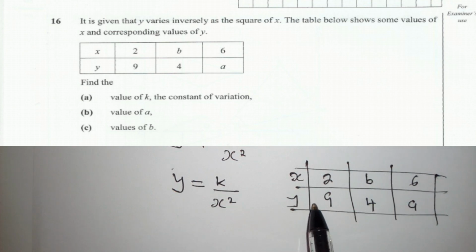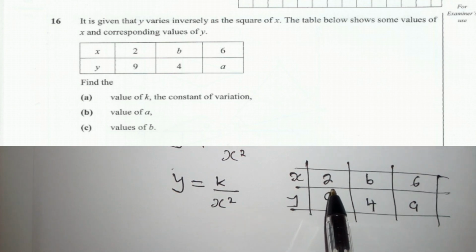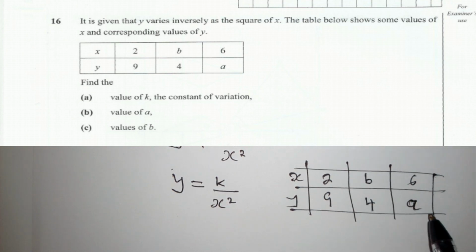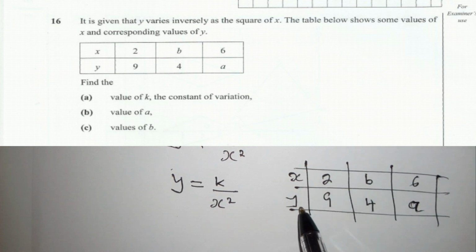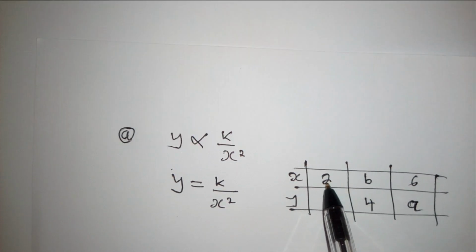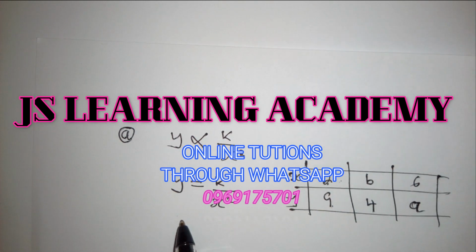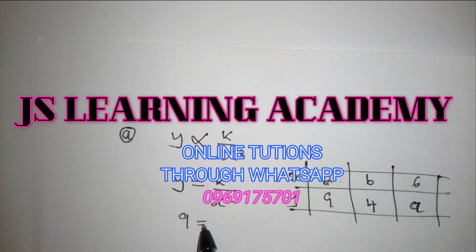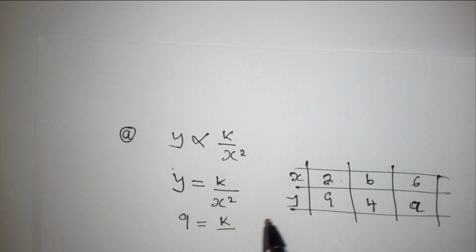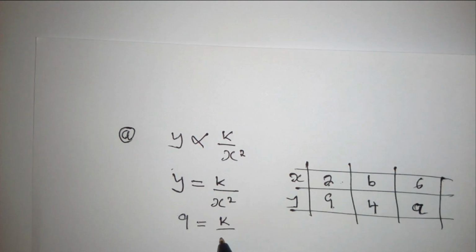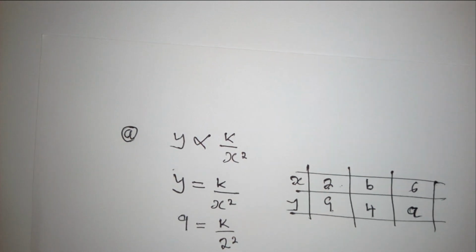What we normally do is we pick one value of x and one value of y. In this case we have x which is 2 and y which is 9. So we put 9 where y is, equal to k over x squared, which is 2 squared.